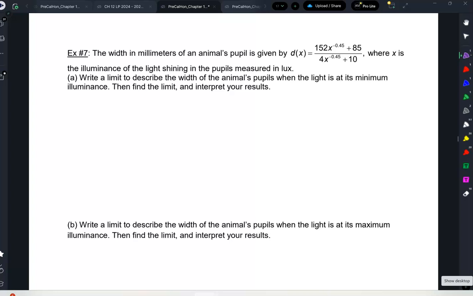Okay. So in problems like this, it's important to identify what you have. So d of x is the width, and then x is the illuminance, and the units are lux. So that is important to highlight.